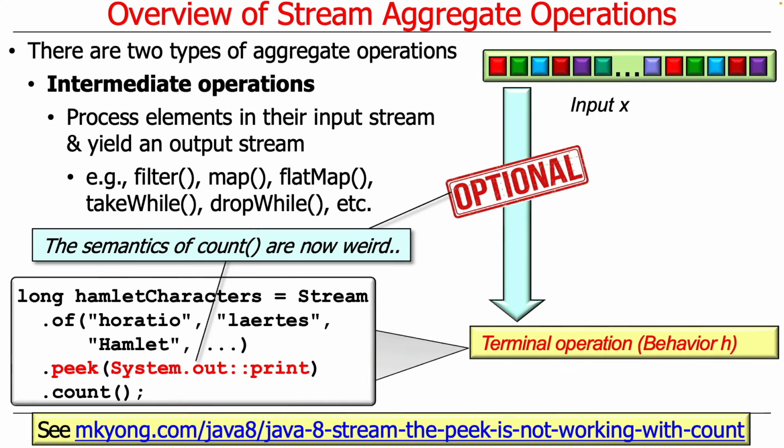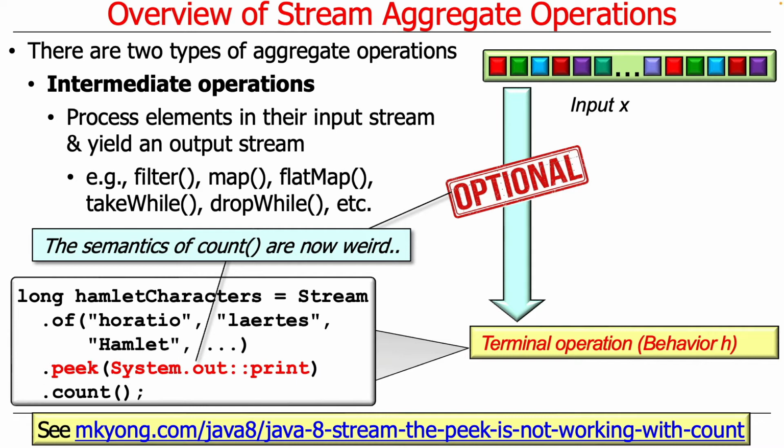Interestingly enough, and I'm putting this in here mostly because I got burned by it for a while and want to warn you in case you ever run across this. If you use a terminal operation like count with a method like peek, which is not supposed to have any effect on the items flowing through the stream, then the intermediate operation will be ignored altogether, which is very weird. And you can read about why. I don't really know why.